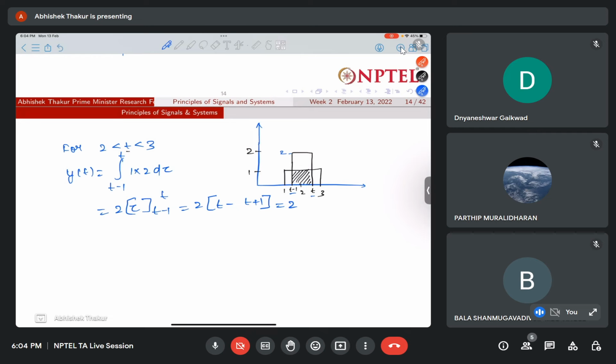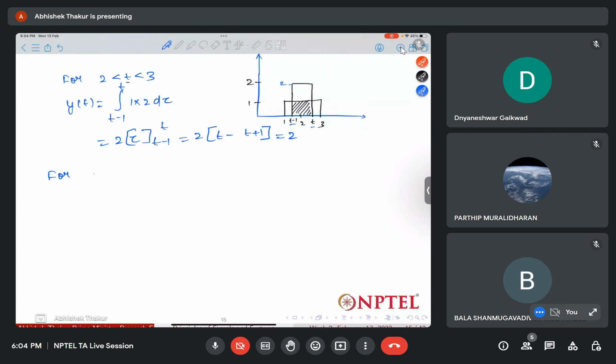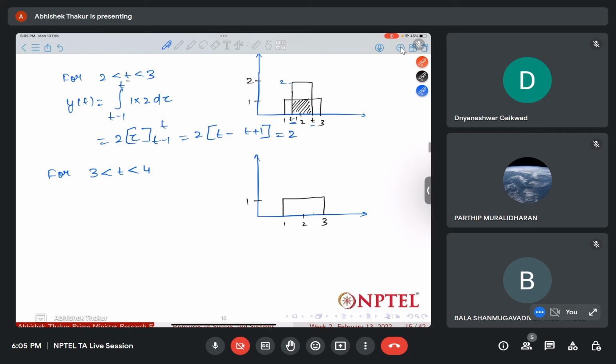Now we will again take the value of t between 3 to 4. If we take the value of t between 3 to 4, our x(tau) will be the same, that is 1, 2 and 3. This is 1. Now h(t minus tau), how will it change? The limit is t minus 1. So t is 3 to 4, so it will be between 2 to 3. So it will be here, somewhere between here.